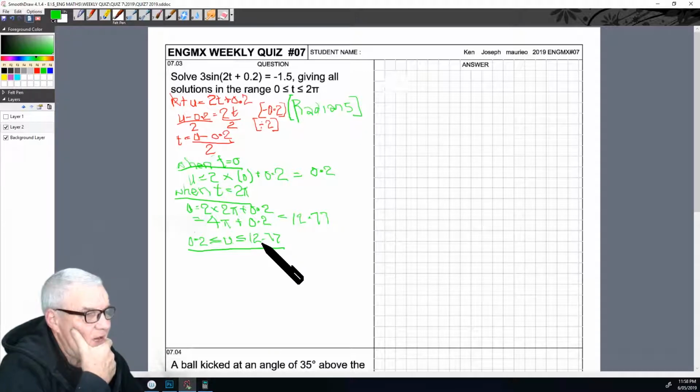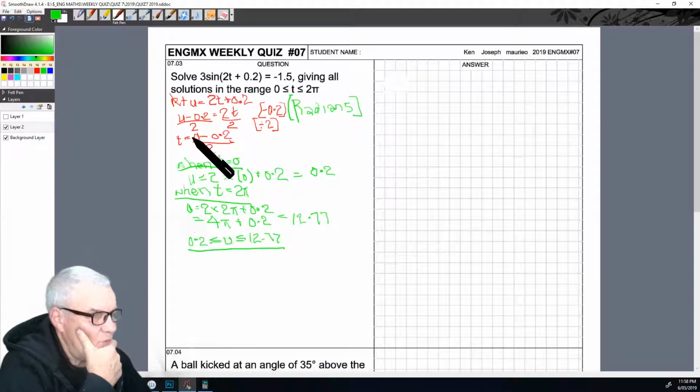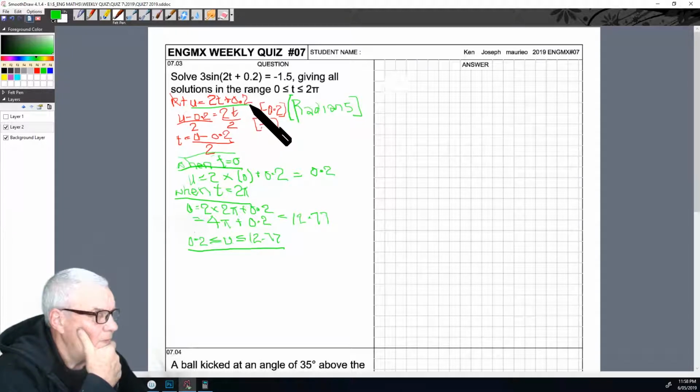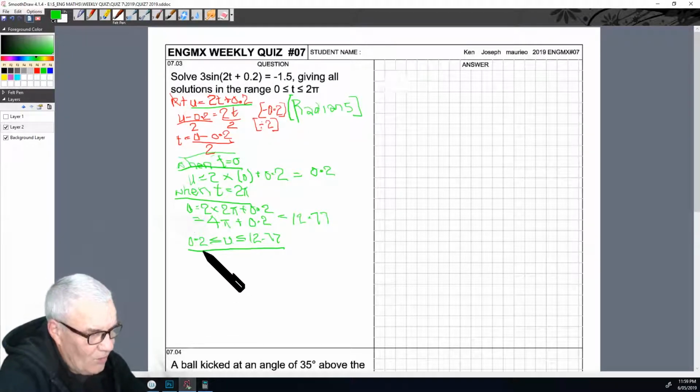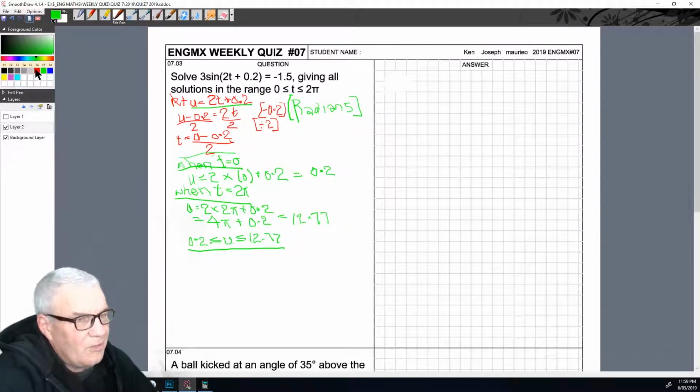So we've got a range for u. We've got a formula here for t in terms of u. So that's a formula for t. And we've got a formula up here for u. Very well. So now we can rewrite the equation. I think we'll go back to red now.